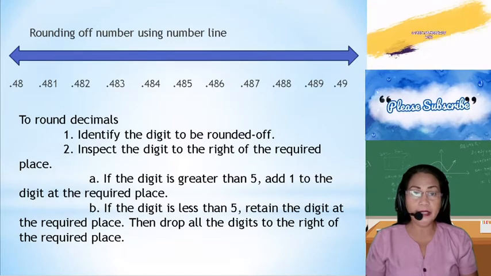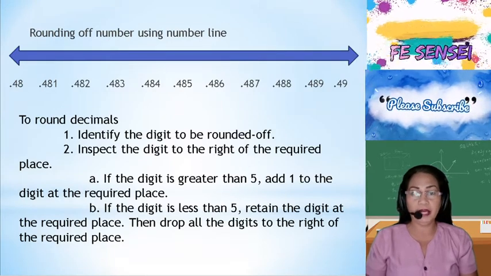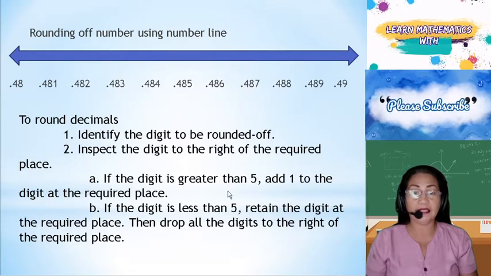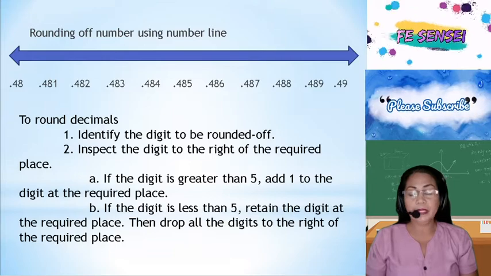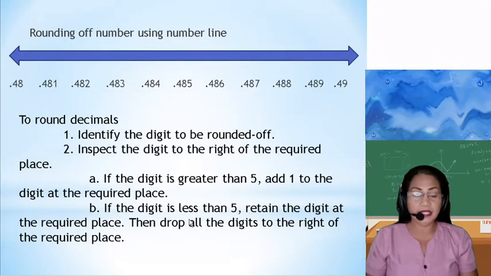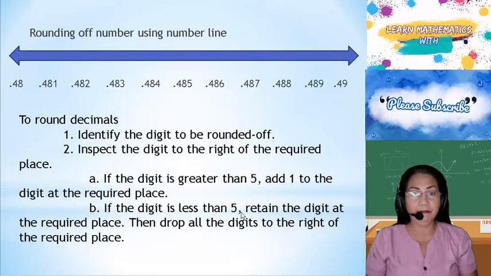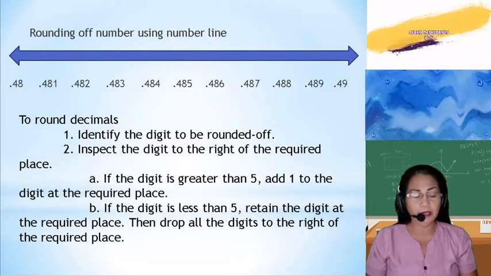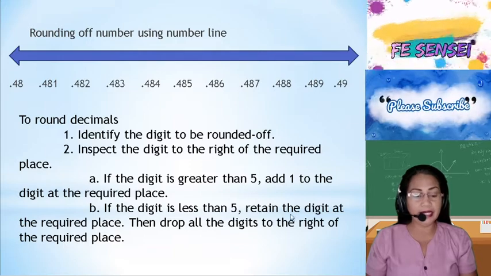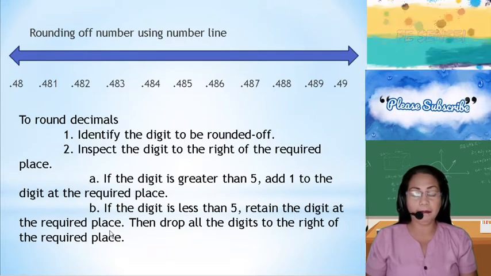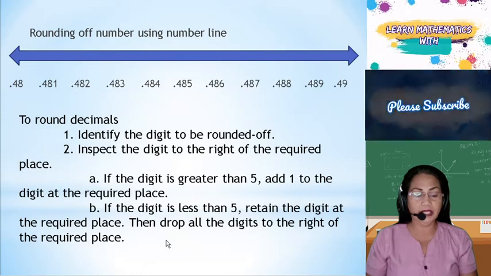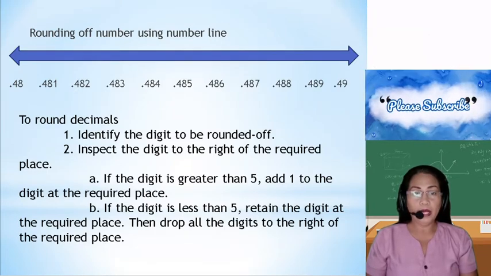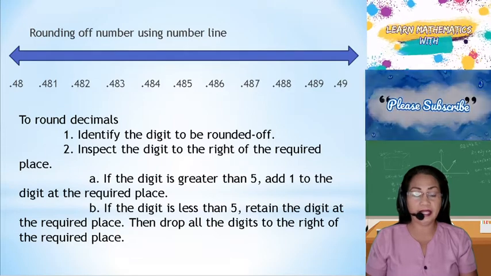We call this rounding up. But B, if the digit is less than 5, therefore 4, 3, 2, 1, and 0, we retain the digit at the required place, then drop all the digits to the right of the required place. We call this rounding down.